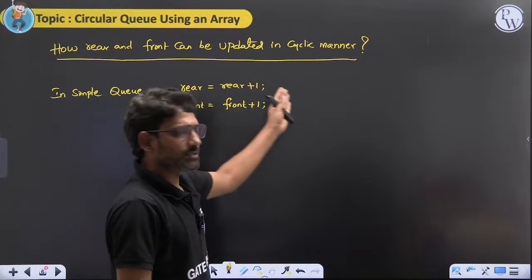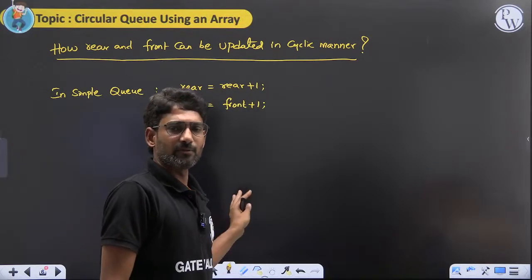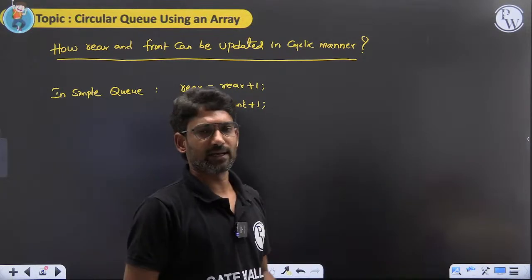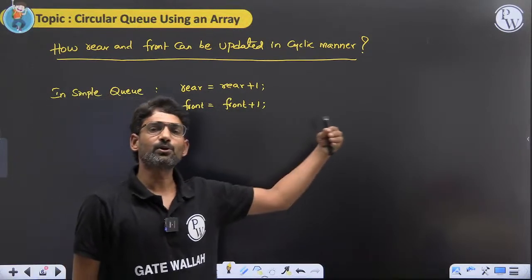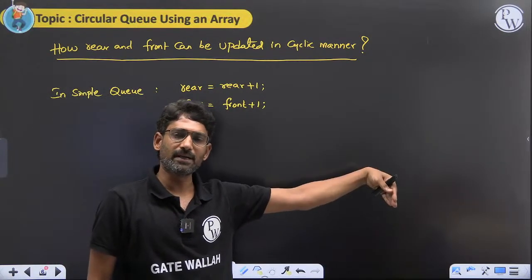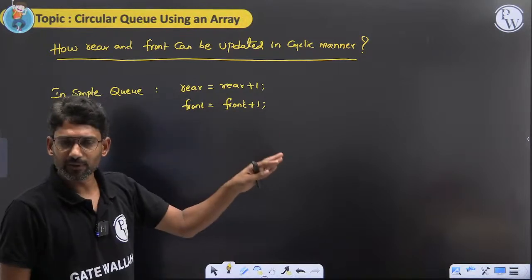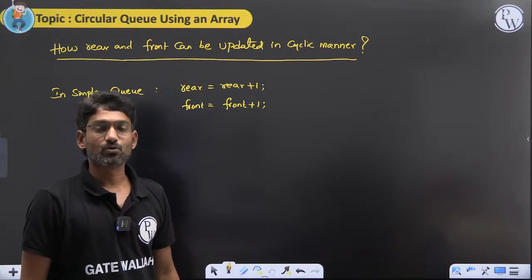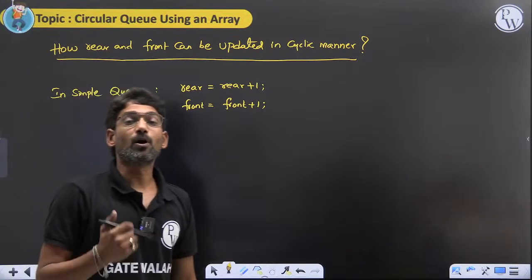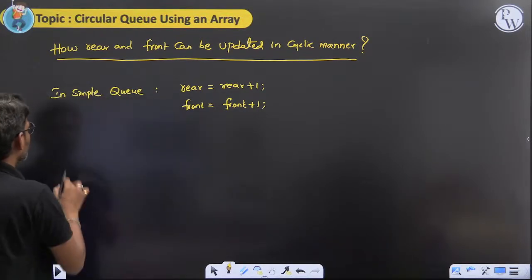But with this, starting from the first index till the last index is fine. But after you reach the maximum index, you should again start from 0, which means this will not work. So what do you have to do? Modulo increment.